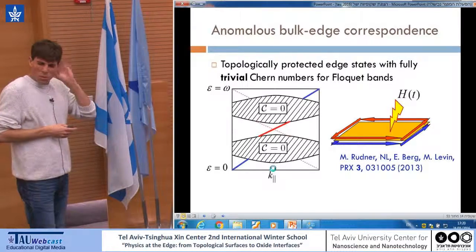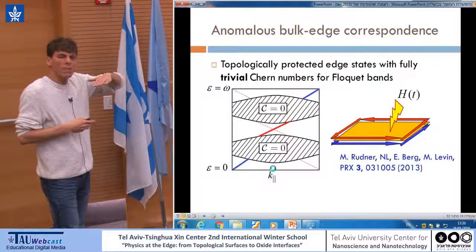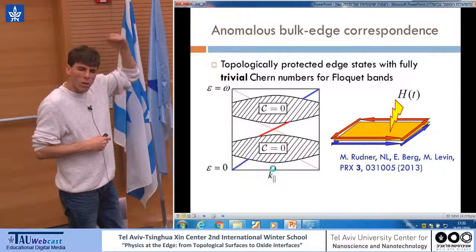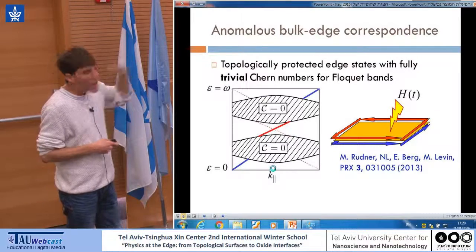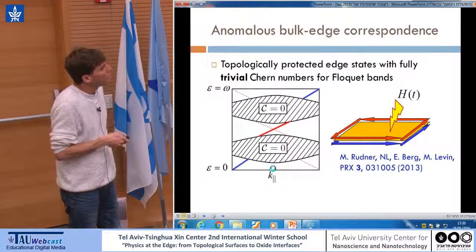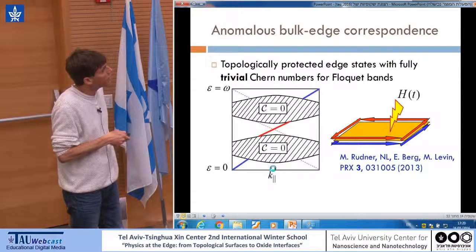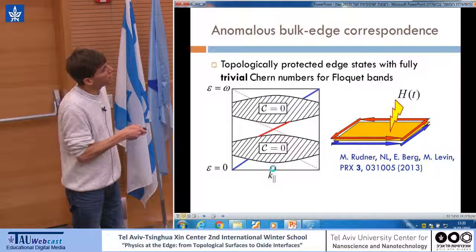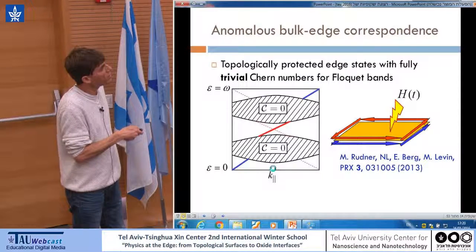So what we have to remember is that the Chern number actually counts the number of chiral edge states above the band, minus the number of chiral edge states below the band. Now the point is that for these Floquet systems, where the quasi-energy is periodic, this bulk band here has one edge state above it and one edge state below it.